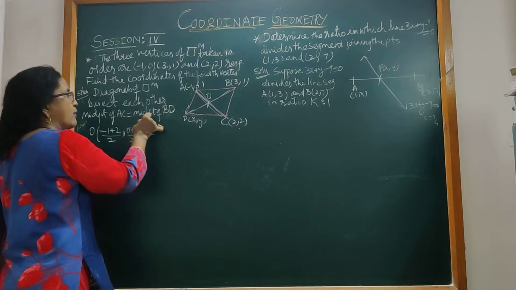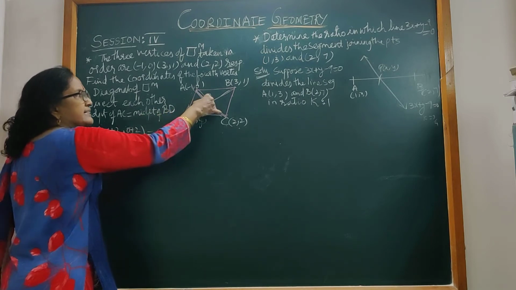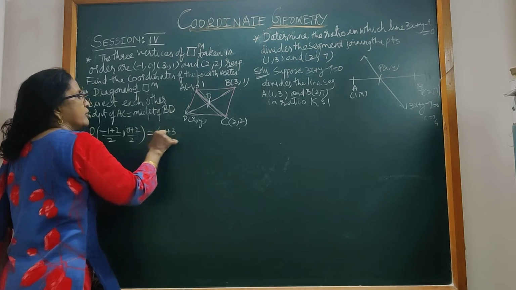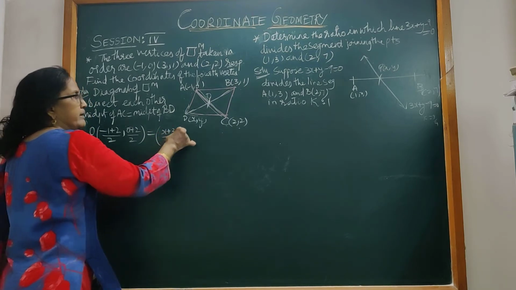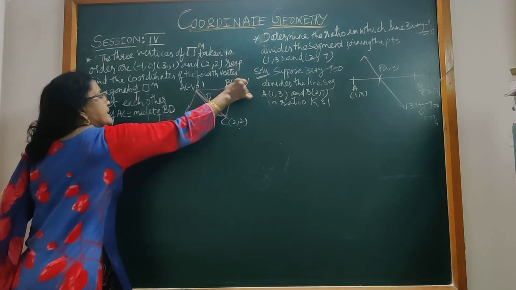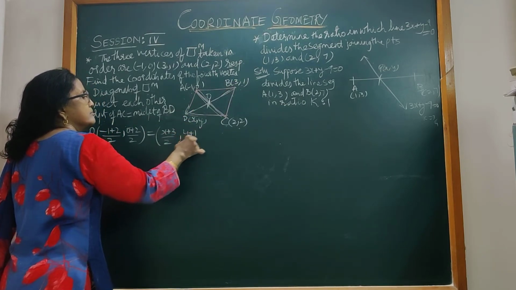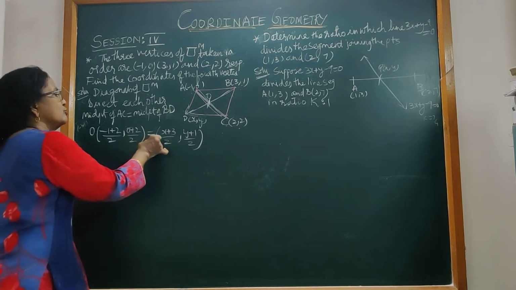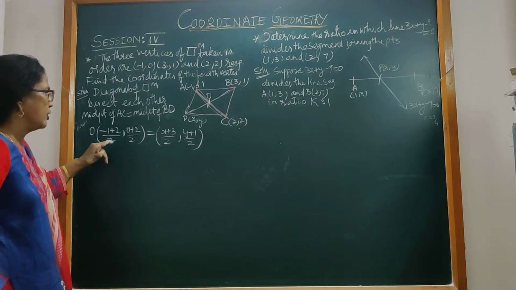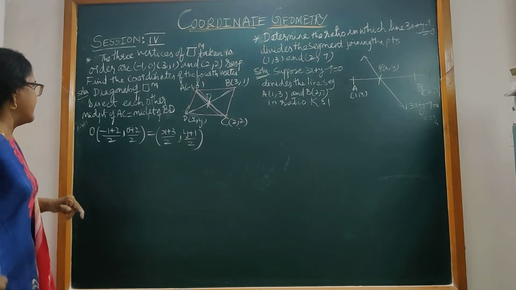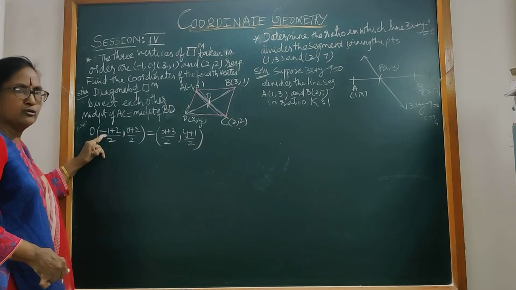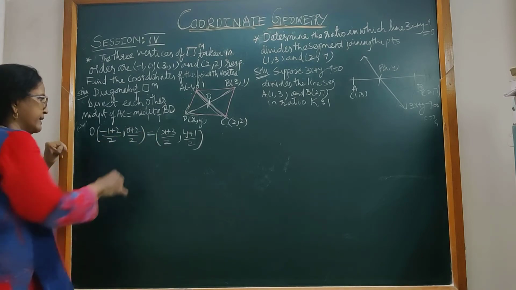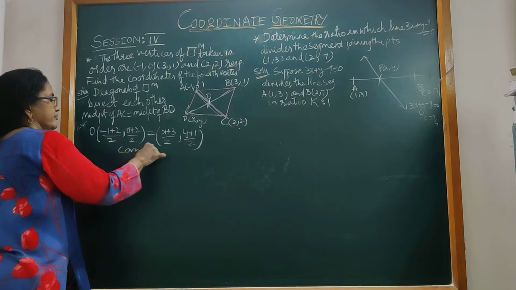So it will be the same as the midpoint of BD, which is again O: (x + 3)/2, (y + 1)/2. So this is also O, and here also the coordinates of O, both should be the same. Now see, this is x, so this is also x. We will compare it.